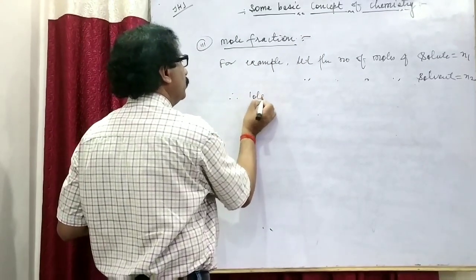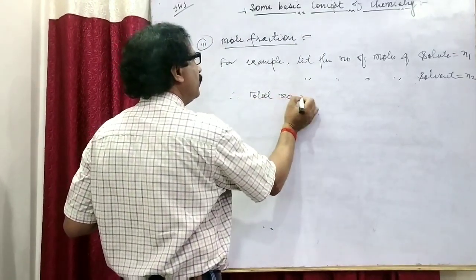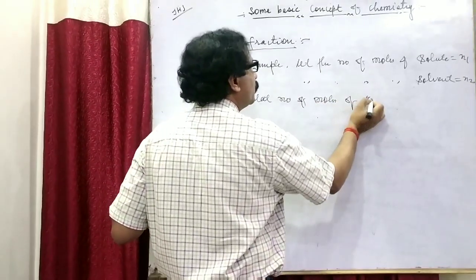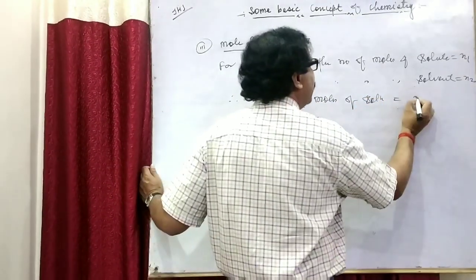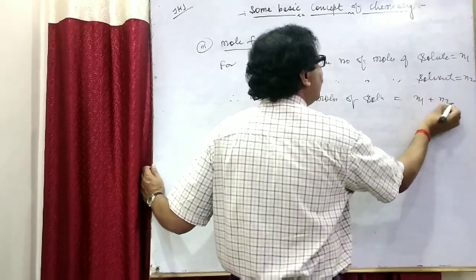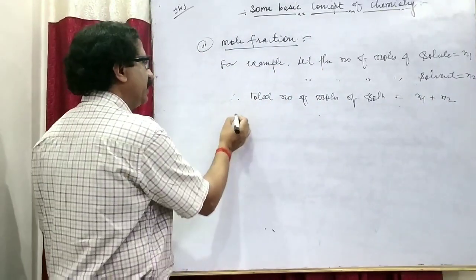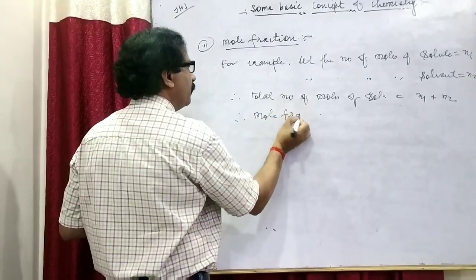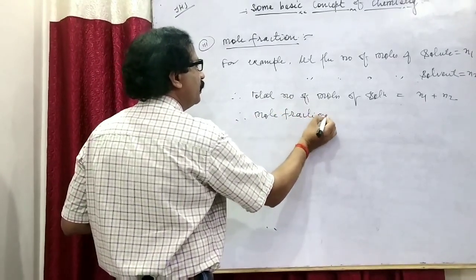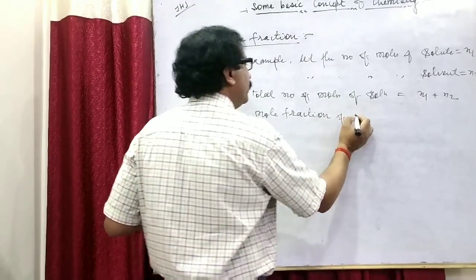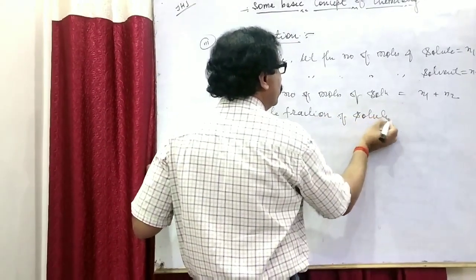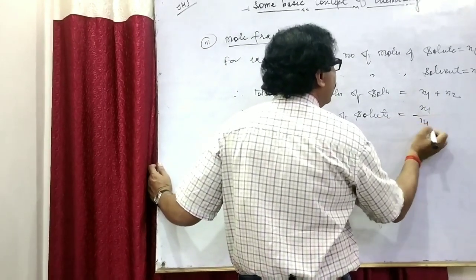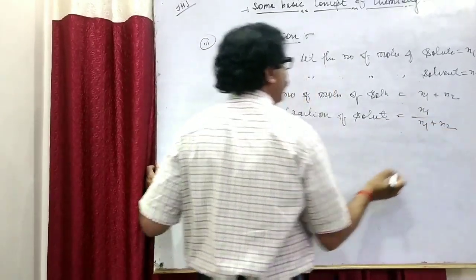Therefore, total number of moles of solution is equal to N1 plus N2. Therefore, mole fraction of solute equals N1 upon N1 plus N2.